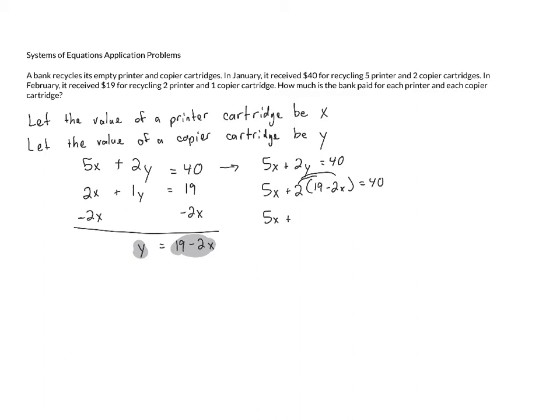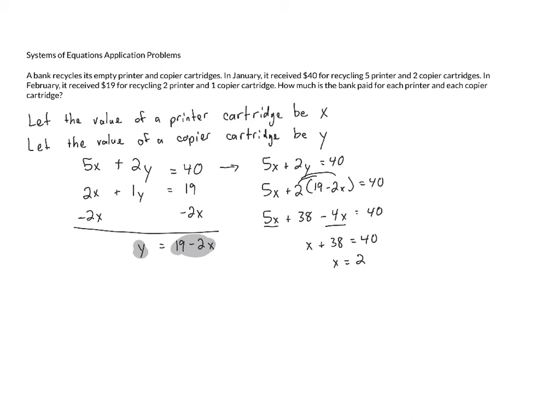So we've got 5x plus 2 times 19 is 38, minus 2 times 2x is 4x, and that equals 40. We can combine like terms. 5x minus 4x is just x, so we've got x plus 38 equals 40. And if we subtract 38 from both sides, that gives us x equals 2.